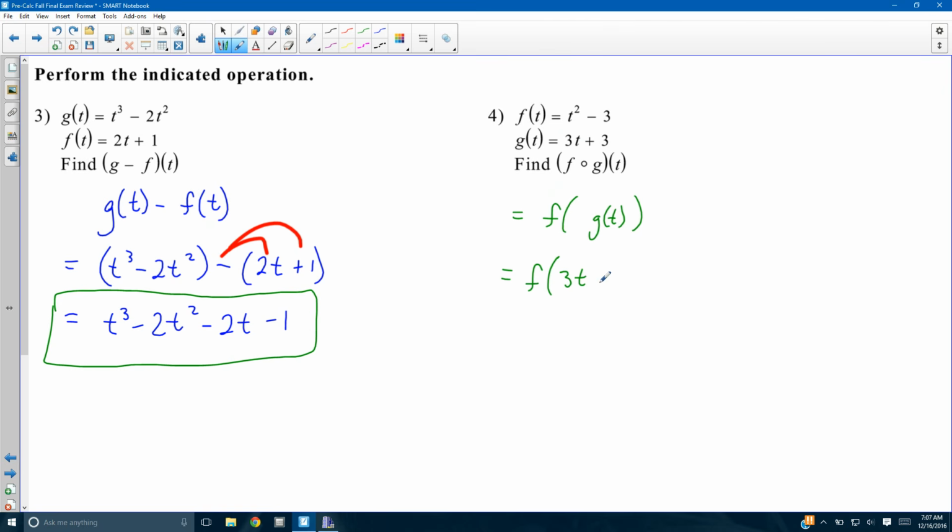Let's find f of 3t plus 3, which means 3t plus 3 takes the place of t in f's equation. So f of 3t plus 3 would be (3t plus 3) quantity squared, minus 3. 3t plus 3 squared is 3t plus 3 times 3t plus 3. It is not 3t squared plus 3 squared.